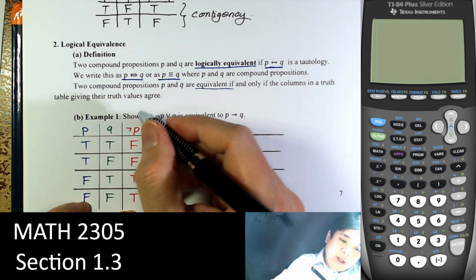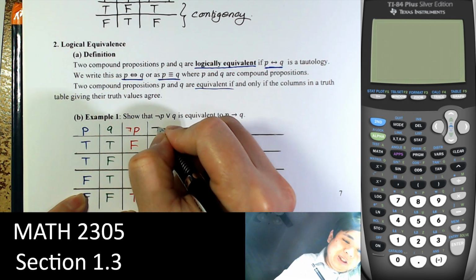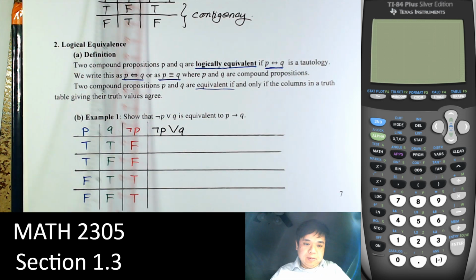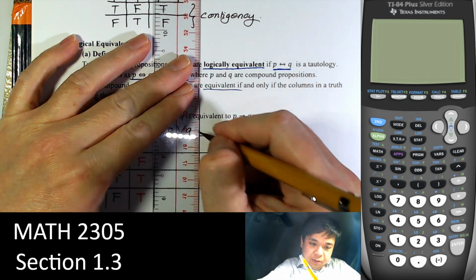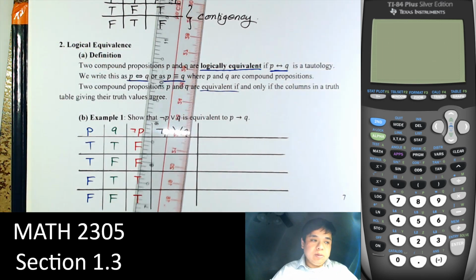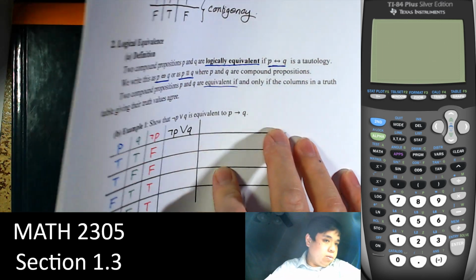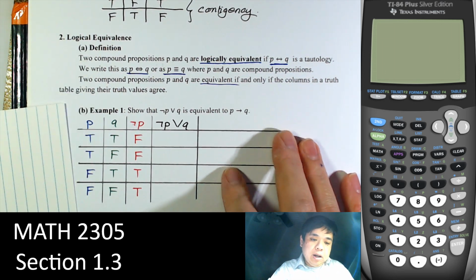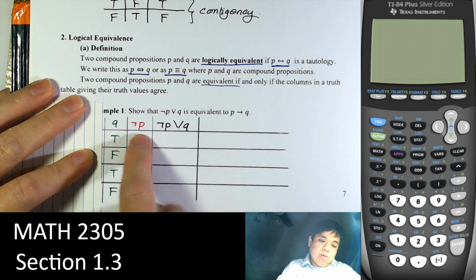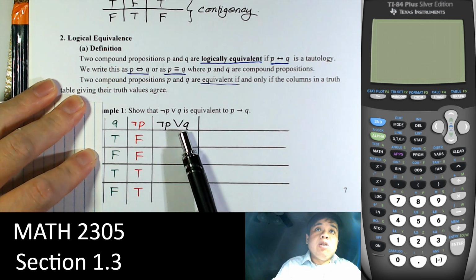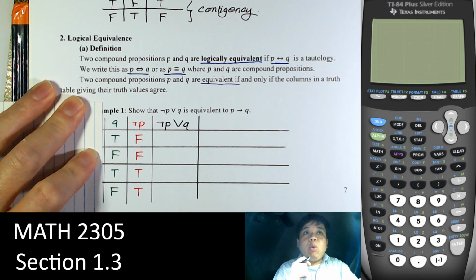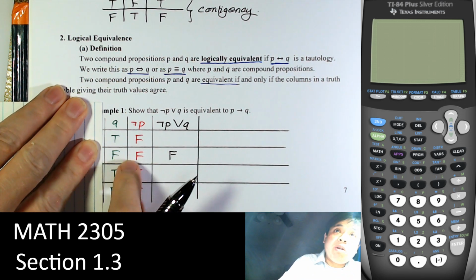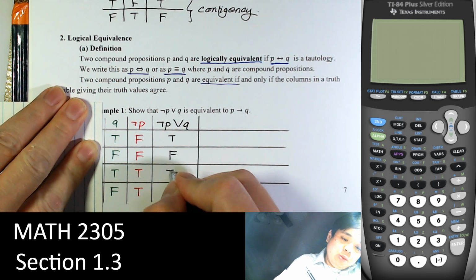Now we do not P or Q. So these two columns, and this is a disjunction. OR is false when both of them are false. So this is going to be false because both of them are false. Everywhere else is going to be true.